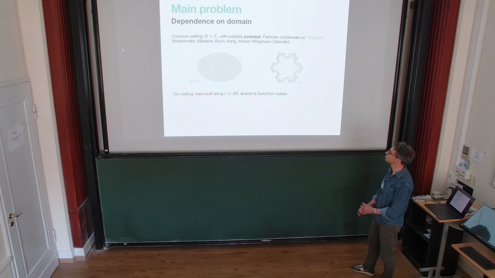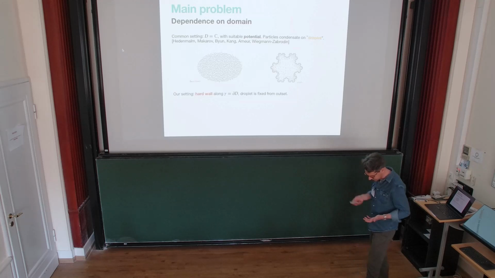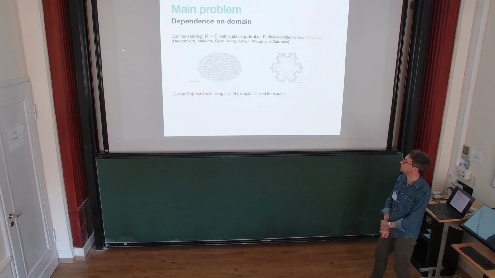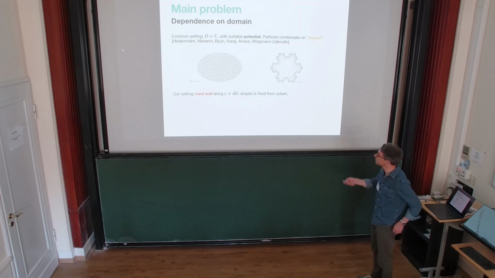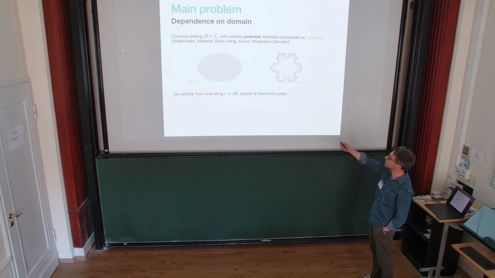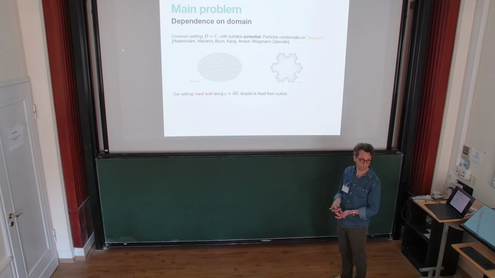So just to give a little bit of context, this problem of studying Coulomb gas in the plane has been studied for a long time. Part of the motivation comes from random matrix theory and so on. But the typical setting is a little bit different from the one I consider. I would say the most common setting is that the domain D is taken to be the whole complex plane.